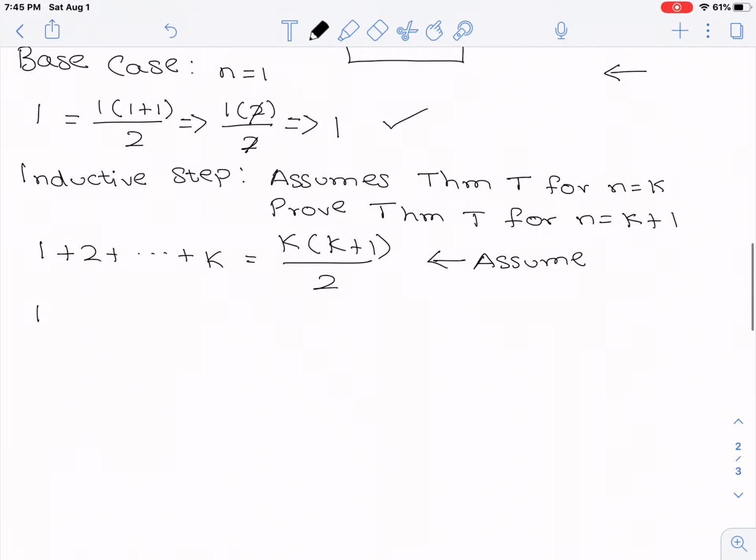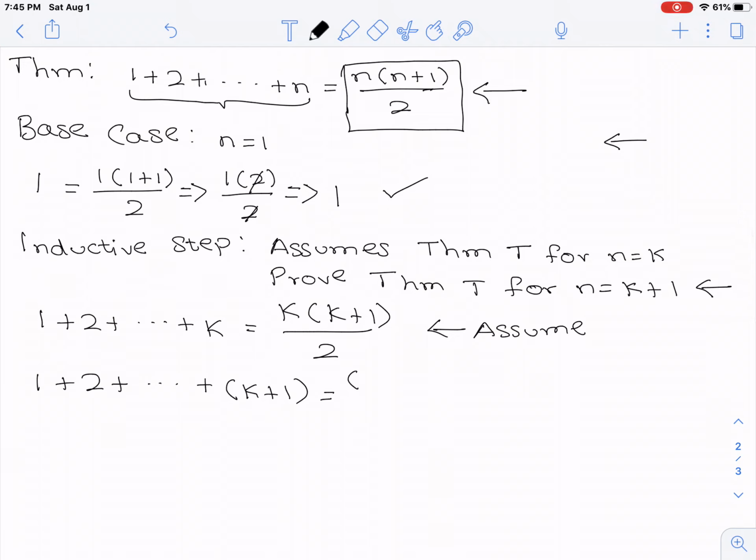We need to prove that 1 plus 2 plus all the way to k plus 1, this is our proof right here, when n is equal to k plus 1, is equal to, and here's our formula, so we use this formula right here.